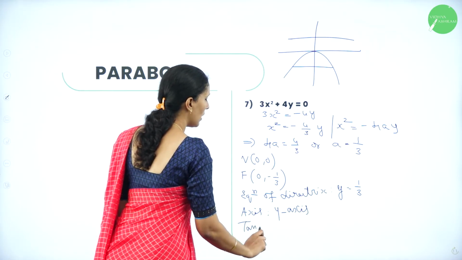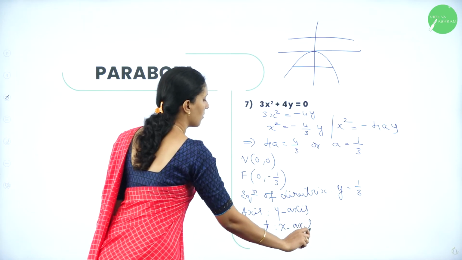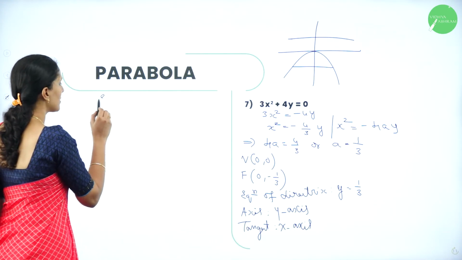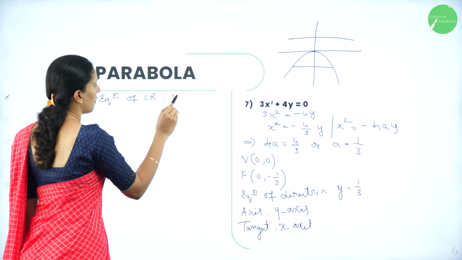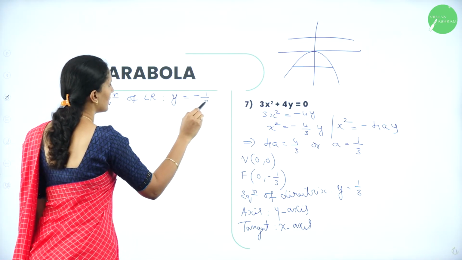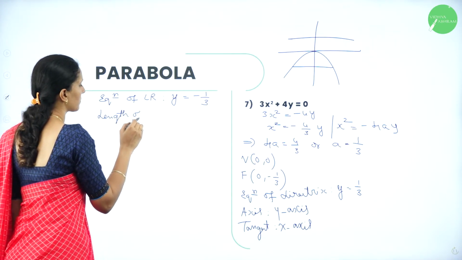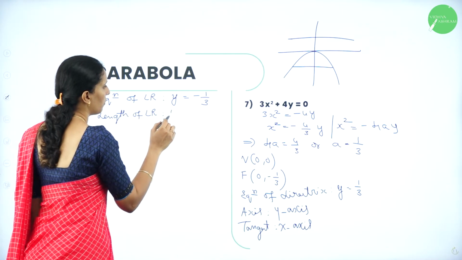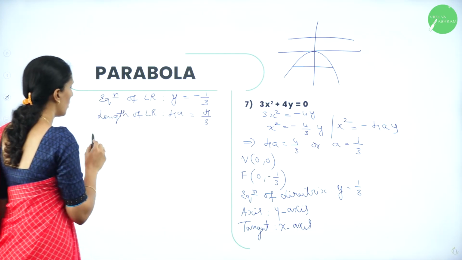Tangent to the parabola is x-axis. Equation of latus rectum is y is equal to minus 1 by 3. Length of latus rectum is 4a, which is equal to 4 by 3.